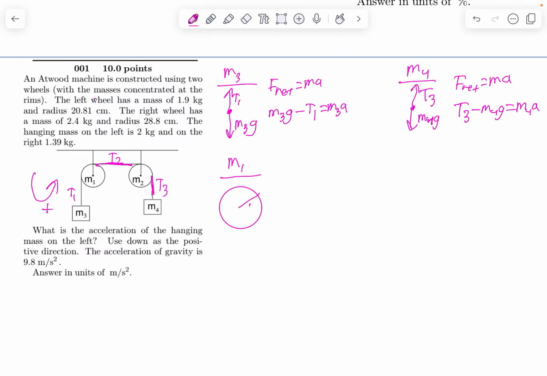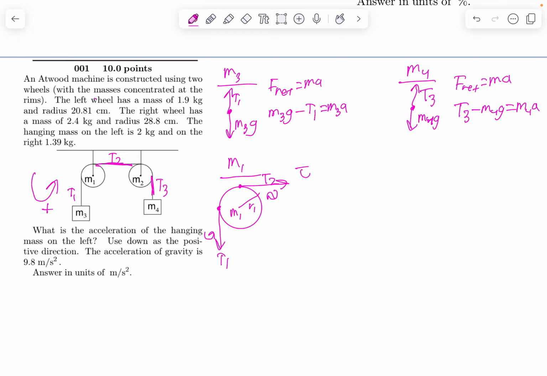It has R1. There is T1 going that way, and then there's T2 going that way. T1 will make it spin this way, and T2 will make it spin the other way. So T1 will be positive and T2 will be negative.